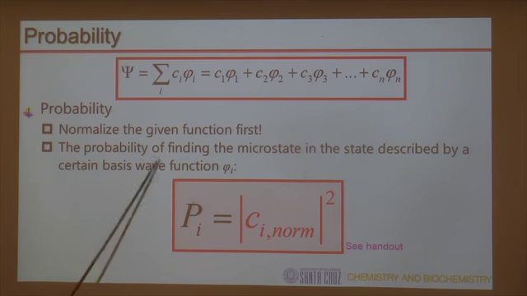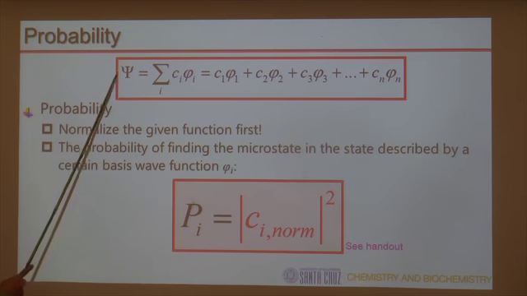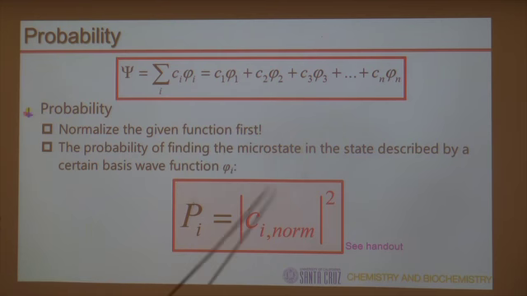And let's say if you want to find the probability of finding the state in the state I, the probability is just the square of the coefficient. Again, here I mean the vertical square, the vertical 2 lines. Sometimes we have a complex number here. So C_I equals A minus Bi.